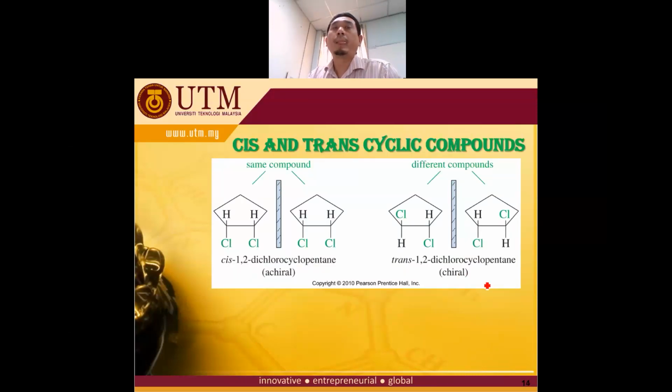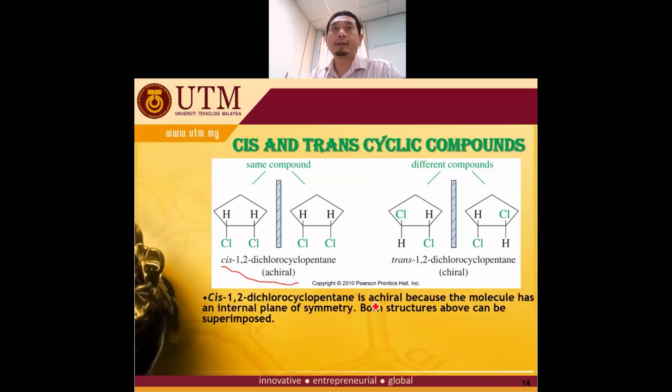When we apply this to cis and trans compounds for cyclics, for cis, the conclusion is achiral. Why can we say that it's achiral?